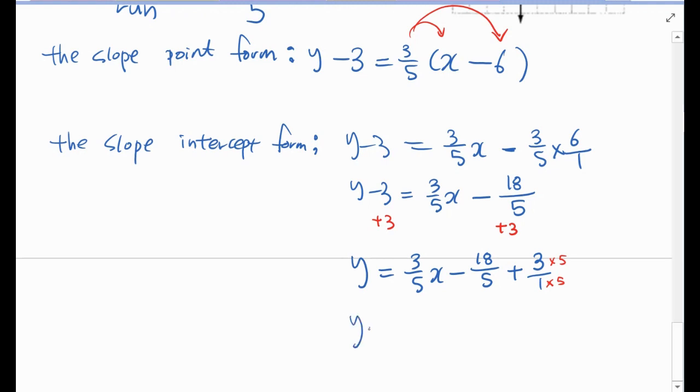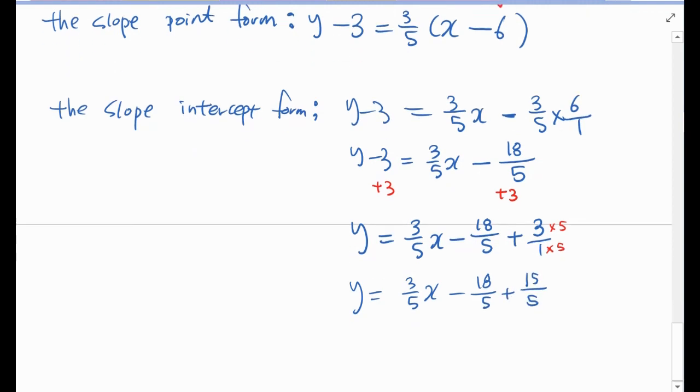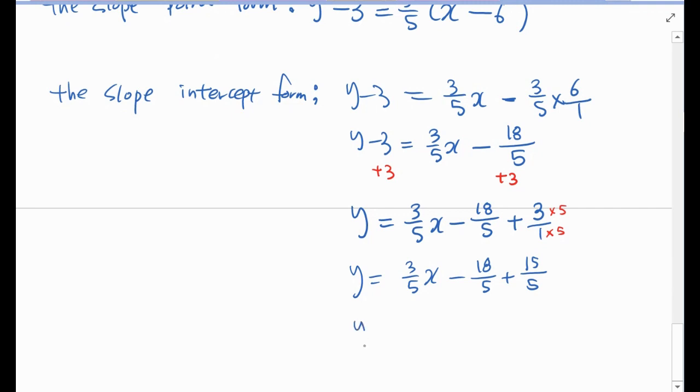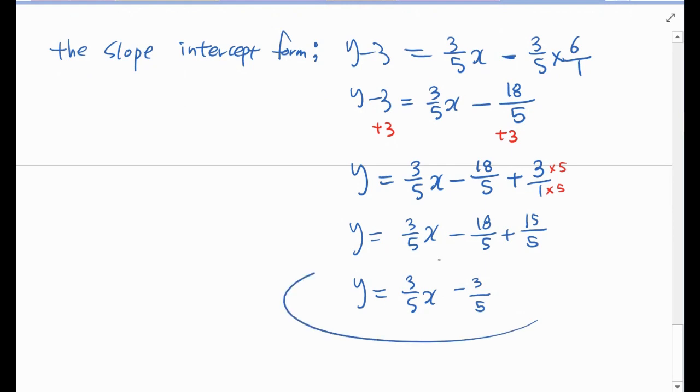Then what I have is y equals 3 over 5x minus 18 over 5 plus 15 over 5. Then y equals 3 over 5x, and negative 18 plus 15 is negative 3 over 5. So this is it, the slope intercept form. So we know the y-intercept is negative 3 over 5.